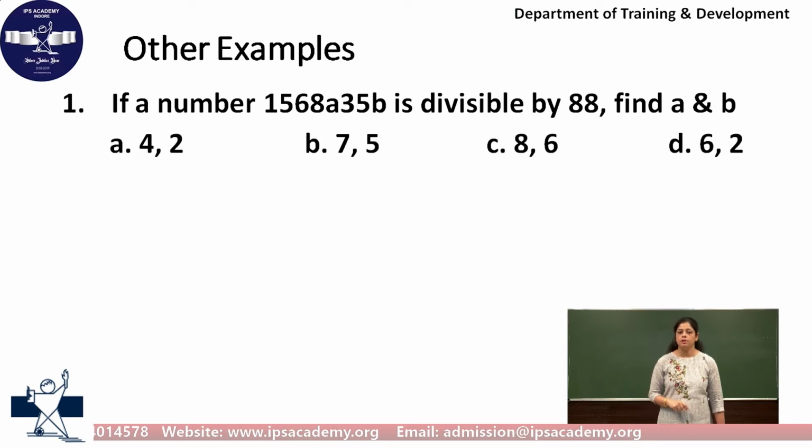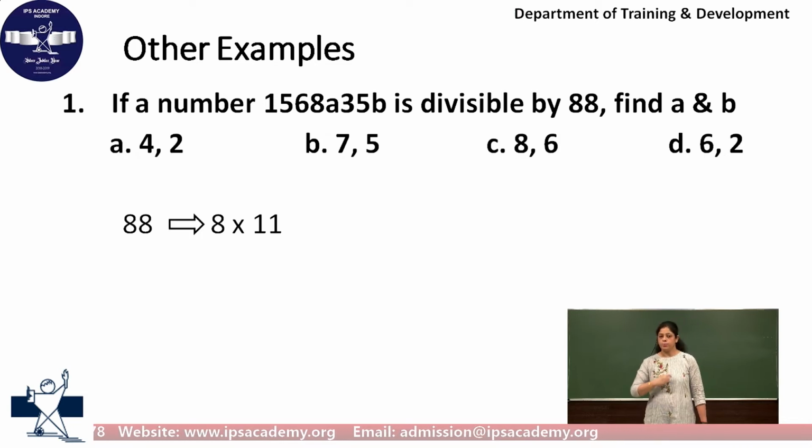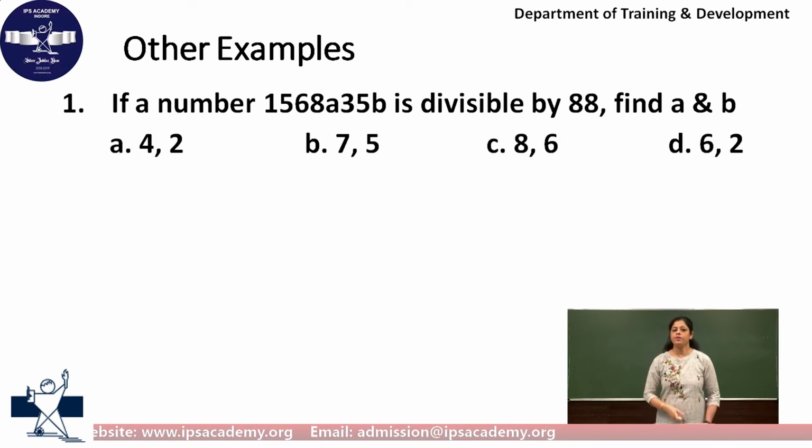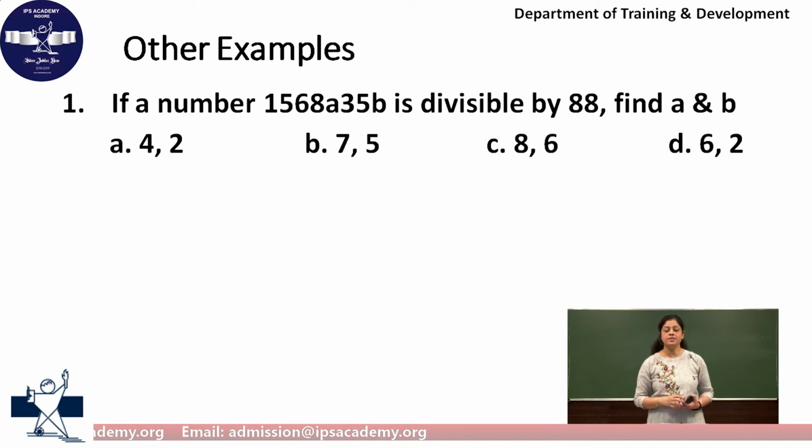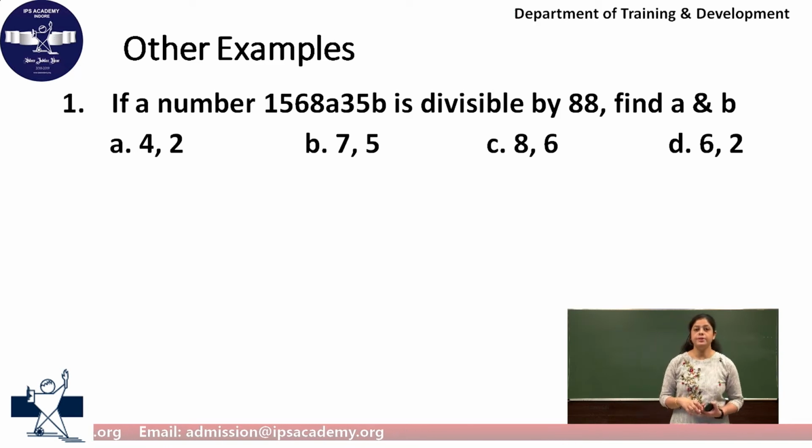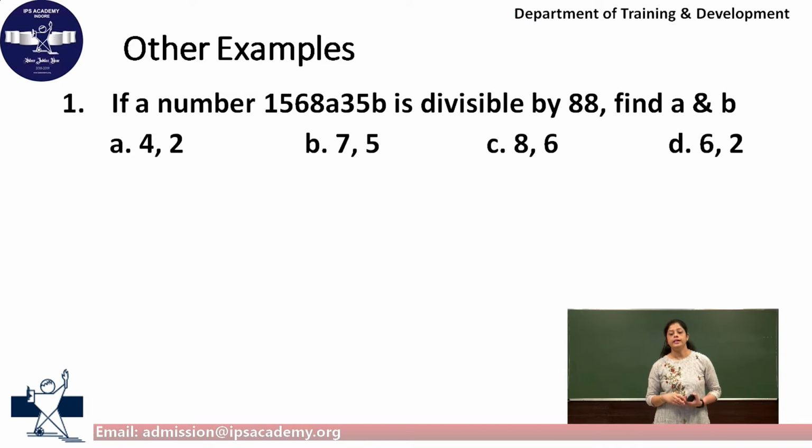Now, you will end up getting such questions that if a number is divisible by 88, find A and B. Now it is given that the number is divisible by 88. That means it is also divisible by its factors. Obviously we don't know the divisibility rule of 88 and we have to find the A and B of the number. So what do we do? We will divide 88 into factors which have only 1 as a common factor.